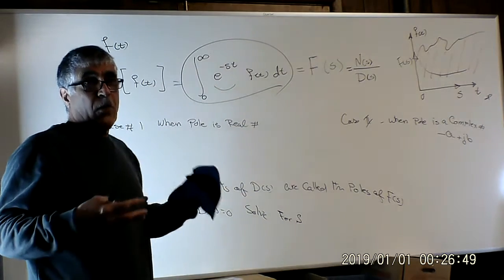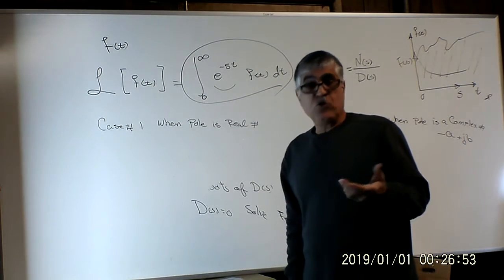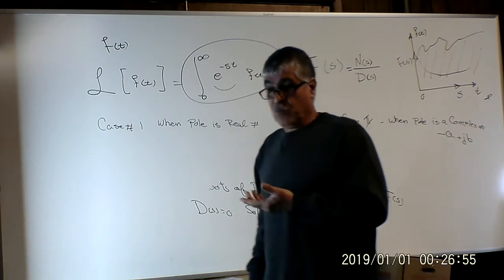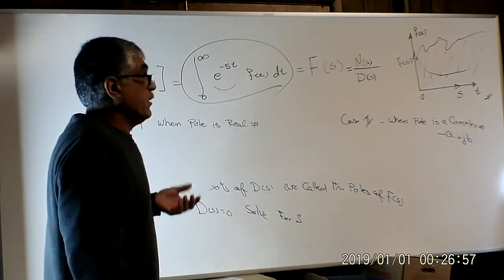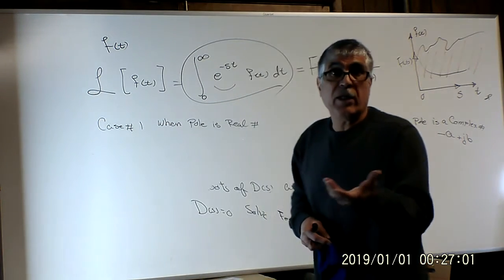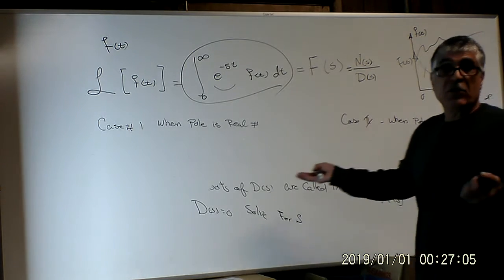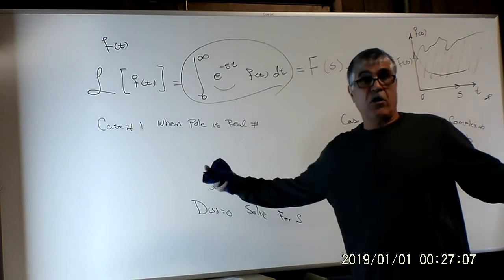In problems that use Laplace transformation, usually we have more than one pole, and we might have a few real poles and a few complex poles, or a combination of both.